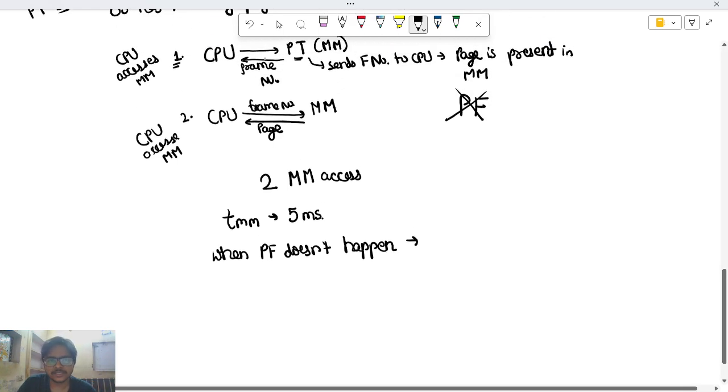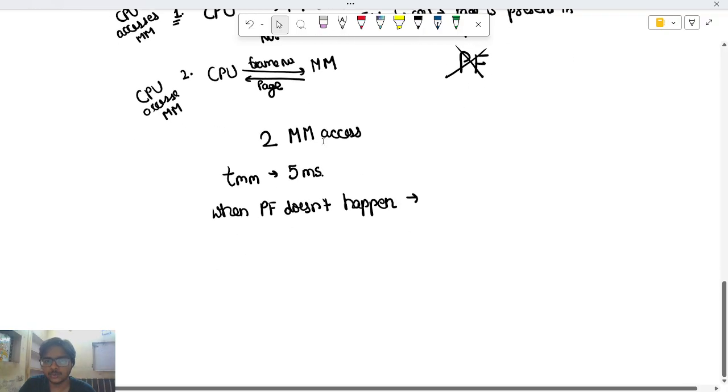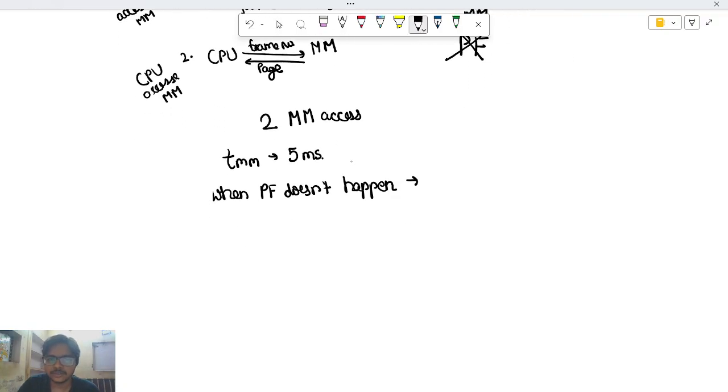First, it will access the page table, which also exists in main memory. And then using the frame number, it will access the page, which also exists in main memory. So there are how many accesses? Two accesses of the main memory. So when a page fault doesn't happen, there will be two main memory accesses.